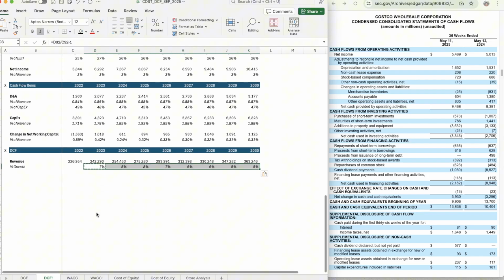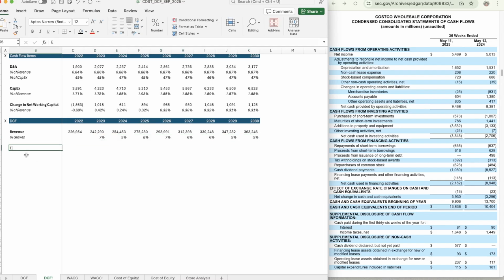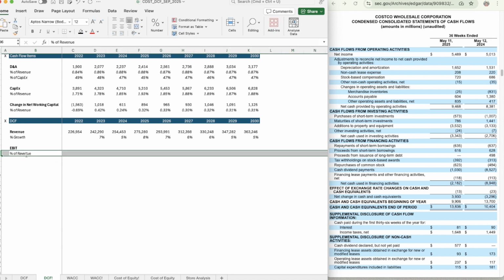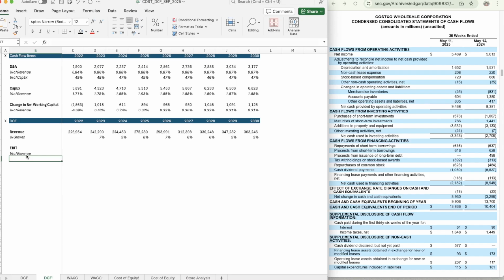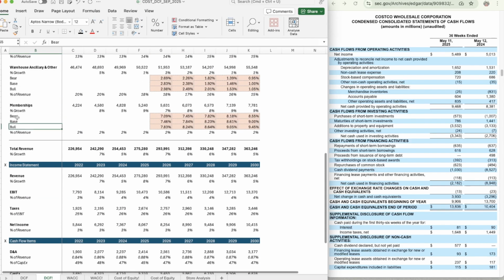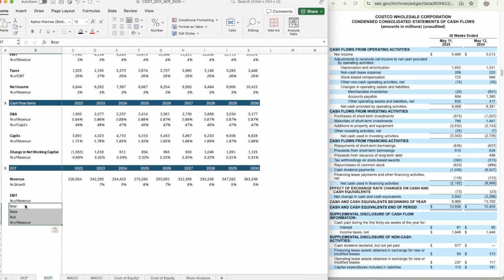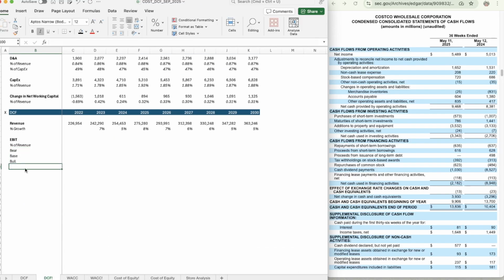Oh, sorry, yeah, got it, perfect. Now EBIT, we are going to need the switches for this one. So let's copy it from, we don't need percentage of revenue there, but we do need it there.